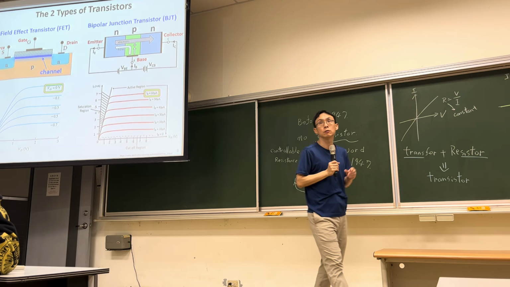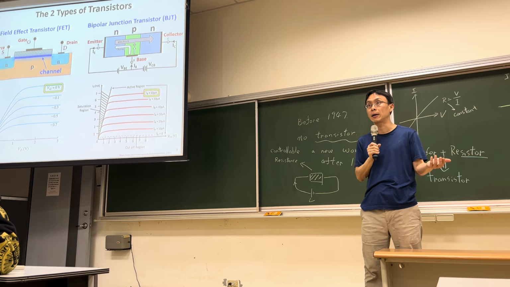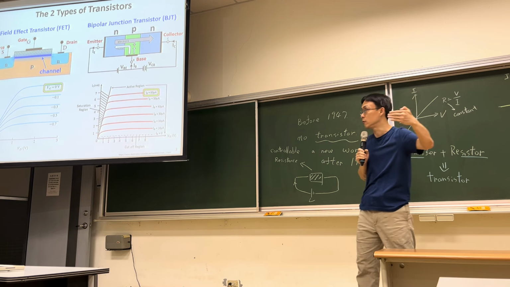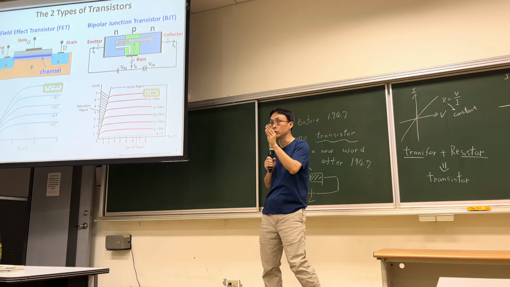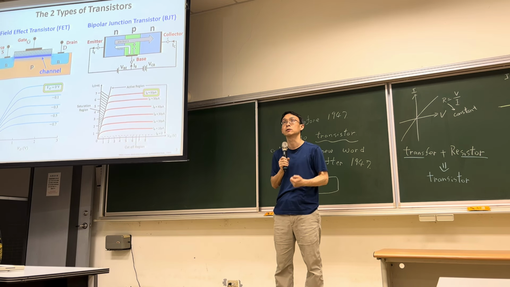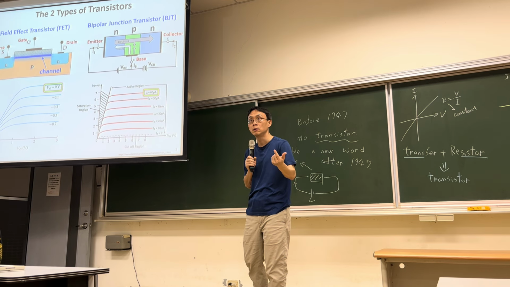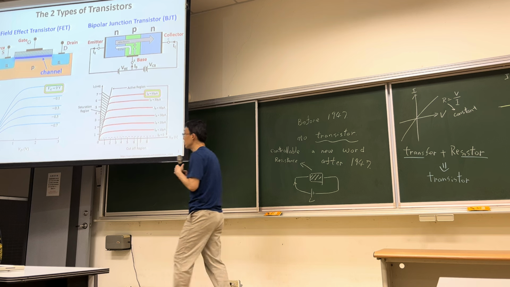You can ask GPT or an AI model to list the advantages and disadvantages between FET and BJT. But the key differences are the high-frequency response and the device size. You can make the FET very small.